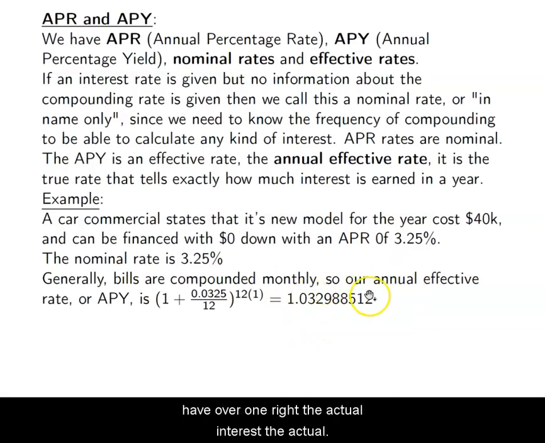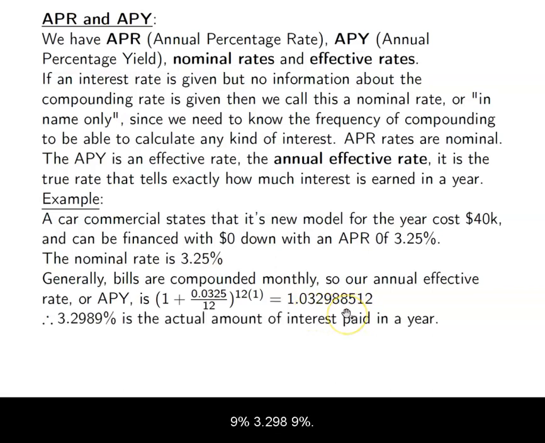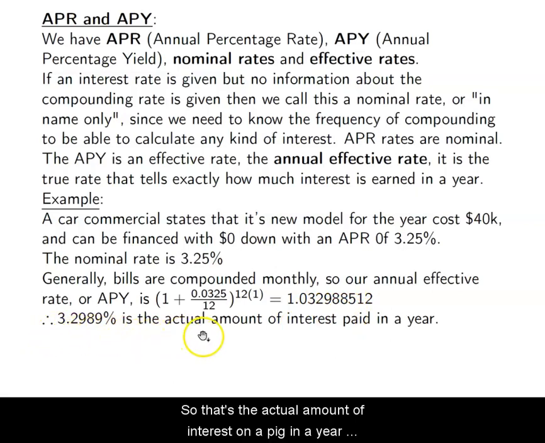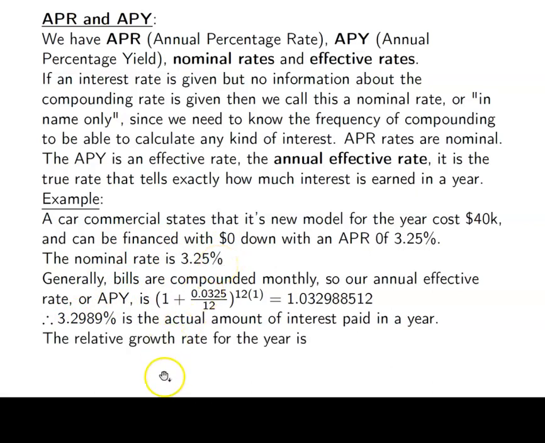Okay, so the amount that I have over 1, the actual interest, the actual rate, is 3.299%, or 3.2989% if I cut it off there. So that's the actual amount of interest that I'm paying in a year, not 3.25%. So that's the difference between APR and APY. APY is how much you're actually paying in interest a year. APR is how much they're telling you you're paying in a year, right?